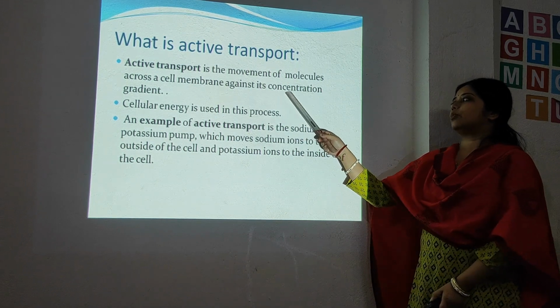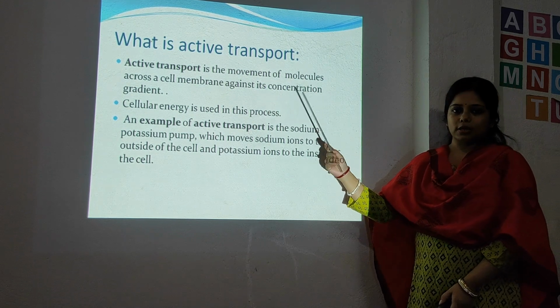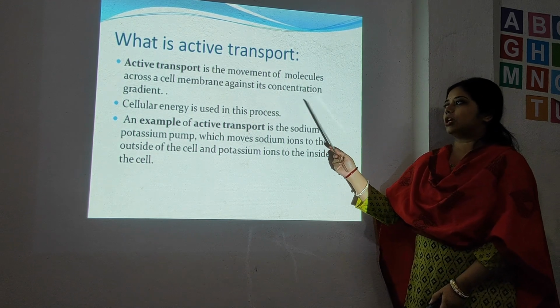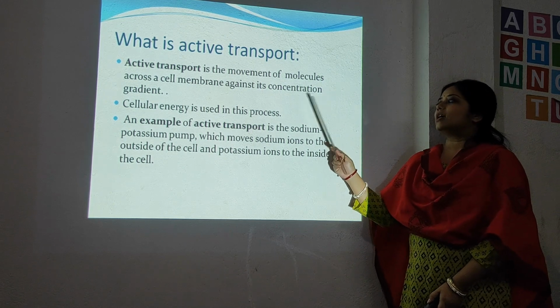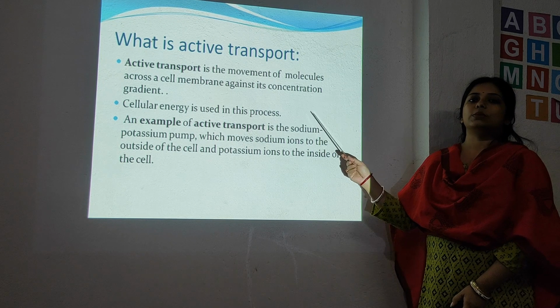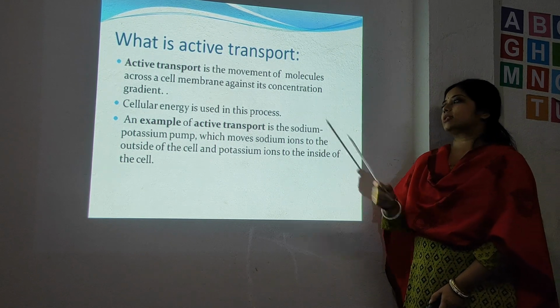As the molecules move against the concentration gradient across a cell membrane, energy is used in this process. So the cellular energy is used in this process.